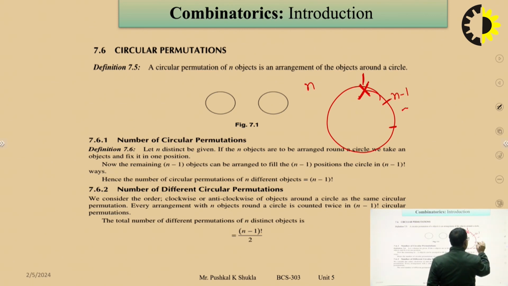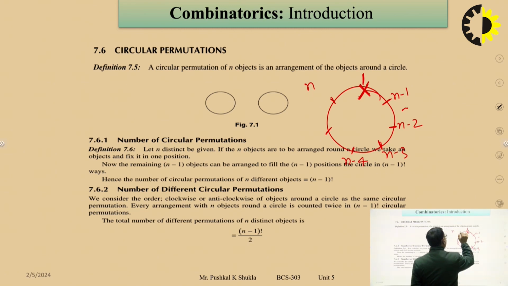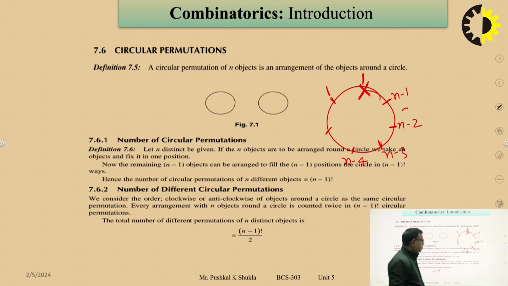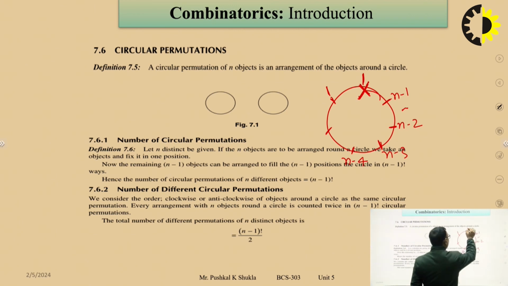This position can be arranged in n minus 2 ways, this in n minus 3 ways, this in n minus 4, and so on. So out of n objects, we have taken one object and fixed the position, and the rest n minus 1 places will be occupied by n minus 1, n minus 2, n minus 3, n minus 4, n minus 5, till the last one.